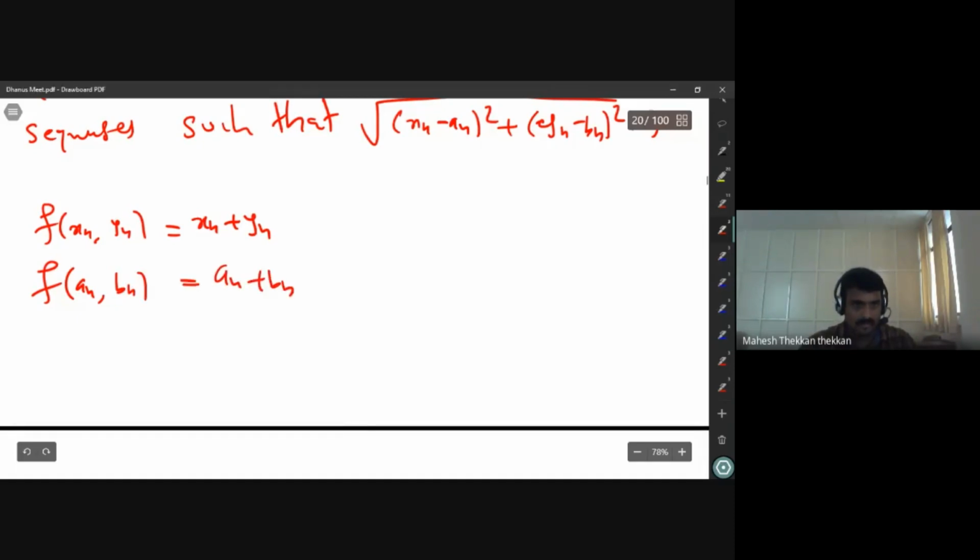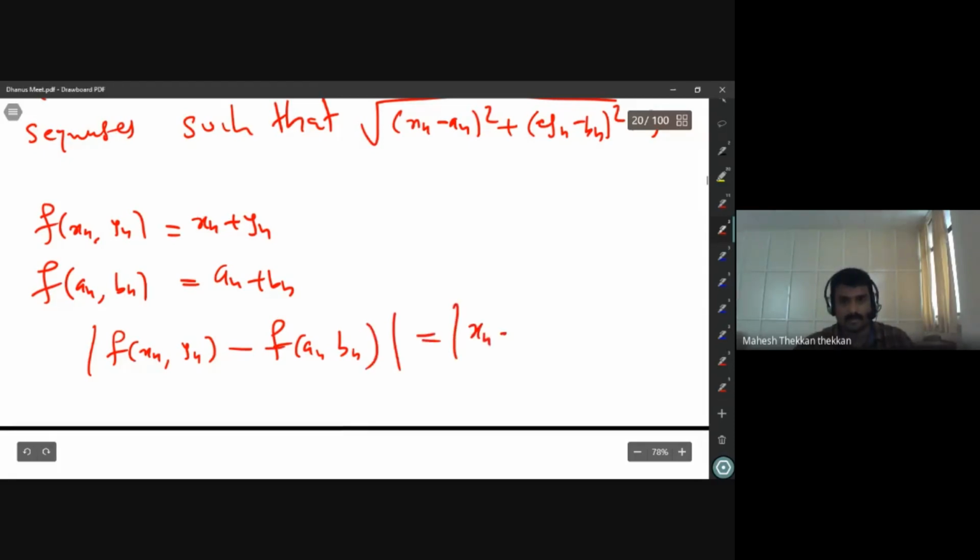Now if I look at modulus of f of (xn, yn) minus f of (an, bn), that will be modulus of (xn minus an) plus (yn minus bn). I arrange the terms so that xn and an come together and yn and bn come together, so I can use the triangle inequality.